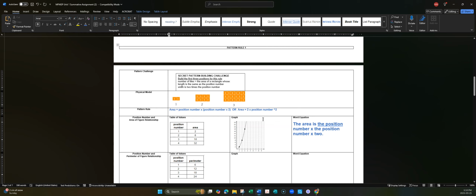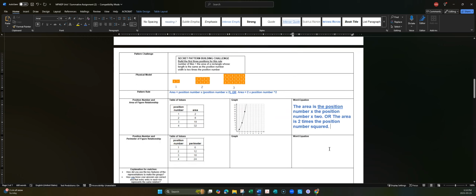So there's more than one way to do this, but because we have the exponent 2, again, you can write it that way, or we can say the area is 2 times the position number squared, right? Okay, so there's more than one answer. The point is that you're making the connection here.